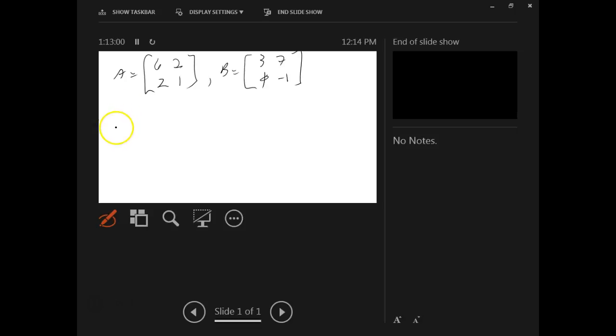Let's do the determinant of A. Pretty easy, isn't it? What is it? 6, yeah, 2. And the determinant of B is what? Negative 3. All right.